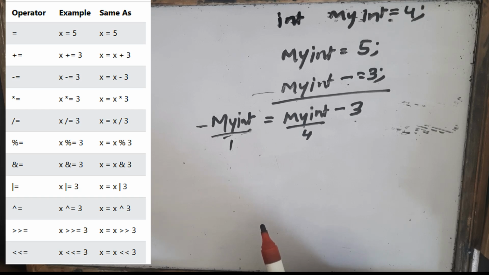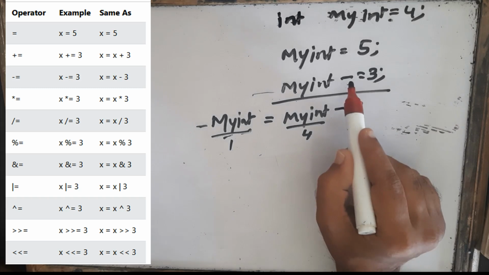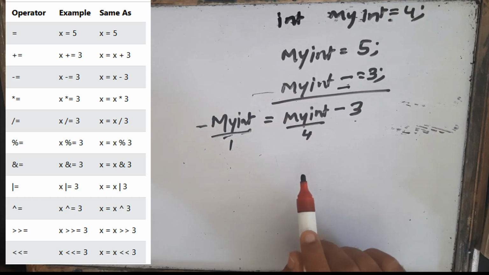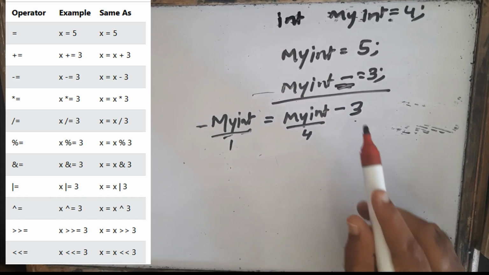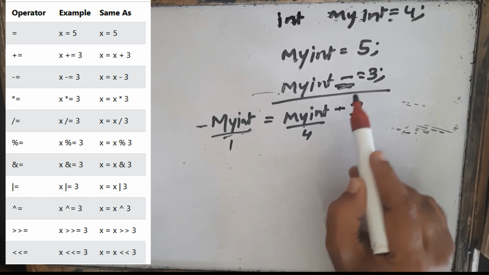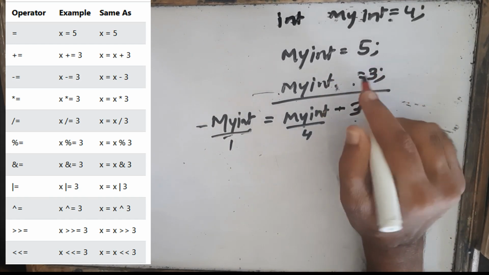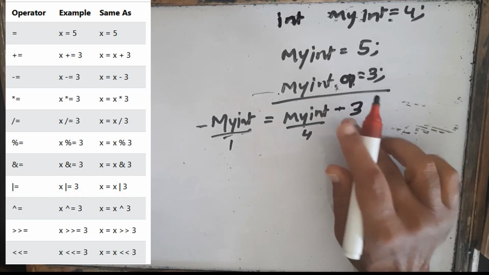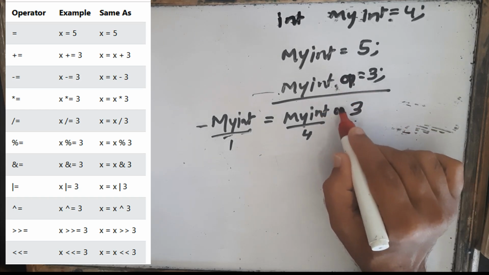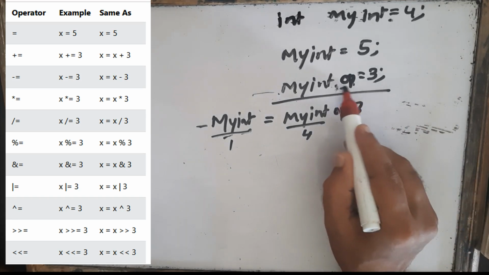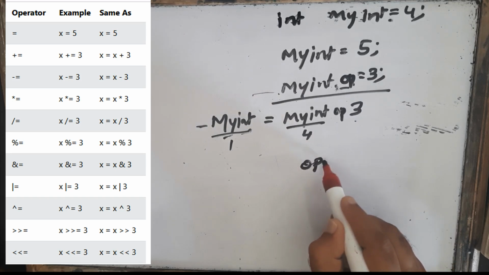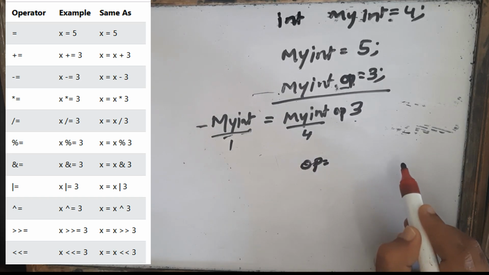Same thing applies for the remaining operators. Whatever you replace here will be applied. Like, say for example, this is the operator here, and this will be replaced with the operator. So this OP can be anything, like other different operators.